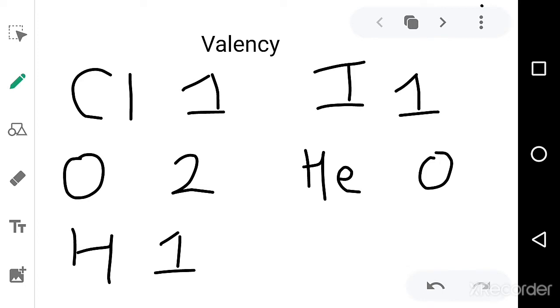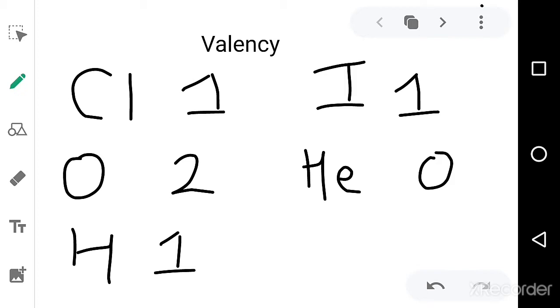in the chemical formula section, the first thing we are going to learn is valency. So what is valency? The valency of an element is the combining capacity of the element. For this, let's discuss one example.